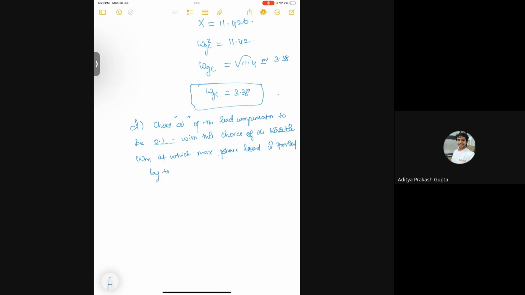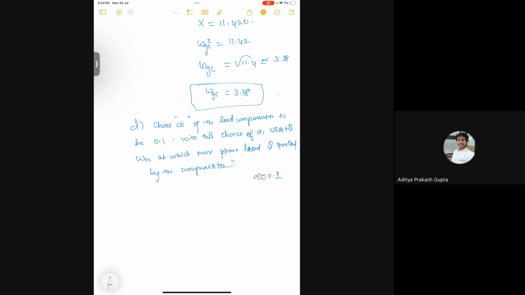Okay. So if you fix alpha equal to 0.1, usually what we used to do is, when we find a lead compensator, we design the alpha value so that we get the desired step response. Here the question is different, like they have given the alpha value. They ask you to find the frequency omega m at which the phase lead of the compensator is maximum.